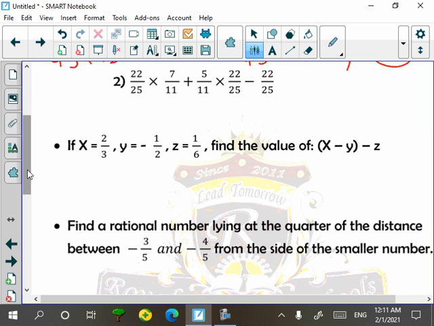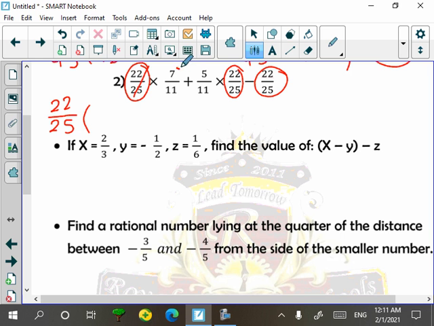Number 2, 22/25 times 7/11 plus 5/11 plus, times 22/25 minus 22/25. We can realize that 22/25 is repeated 3 times. Then we will take 22/25 as a common factor.